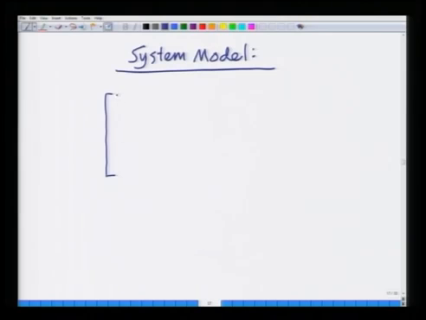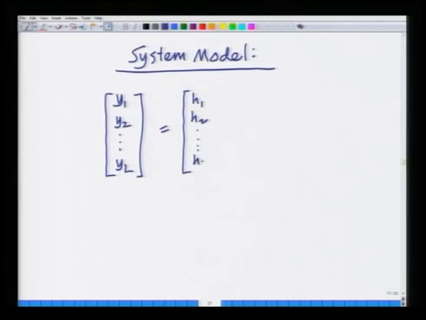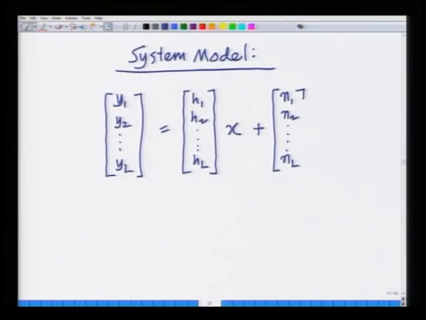Let me write it down: y1, y2 up to yL. This is an L dimensional vector. This is equal to h1, h2 up to hL. This is another L dimensional vector times x plus n1, n2 up to nL, which is another L dimensional vector.